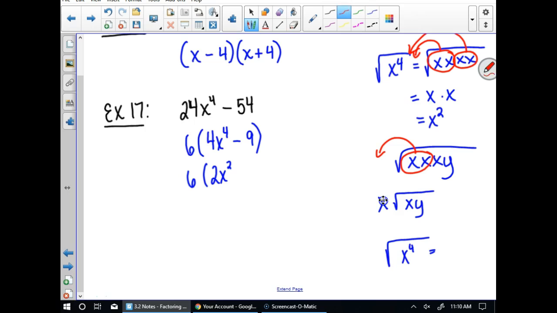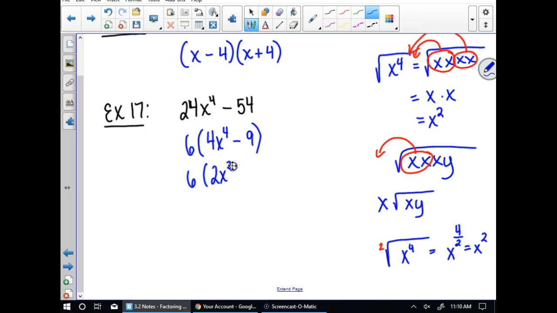This is a square root, which means it has an invisible 2 right there. So when you do fractional exponents, they're used for roots. It would be x to the inside number goes on top, outside number goes on bottom, because roots are on the bottom of a tree. So 4 divided by 2 is just 2, so that'd be x squared. There's lots of different ways of thinking of the square root of x to the fourth is x squared.